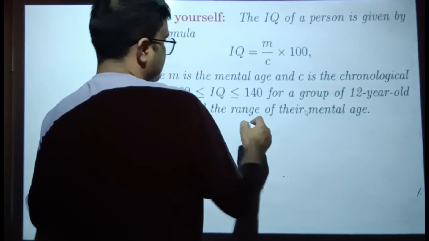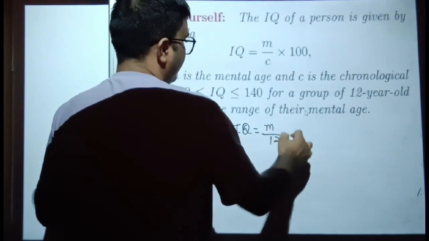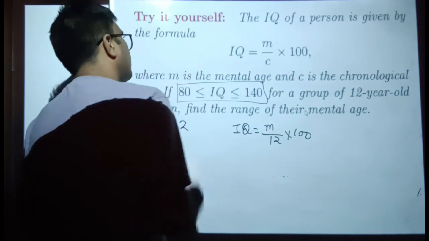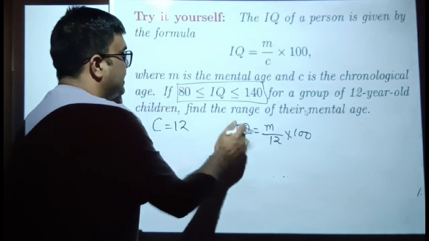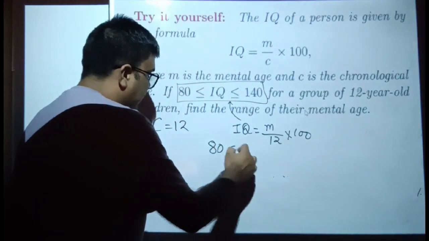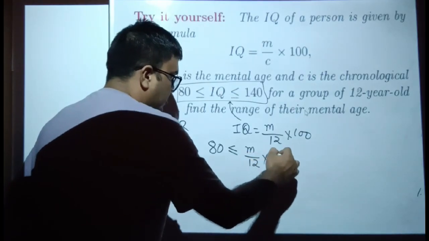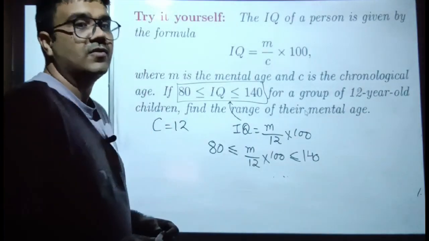So what we obtain is that IQ is equal to M by 12 into 100. We want to solve for those values of M for which the value of IQ lies between 80 and 140. We are saying 80 is less than or equal to M by 12 into 100 is less than or equal to 140.